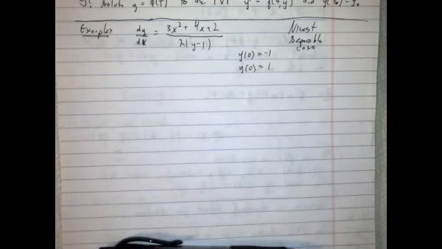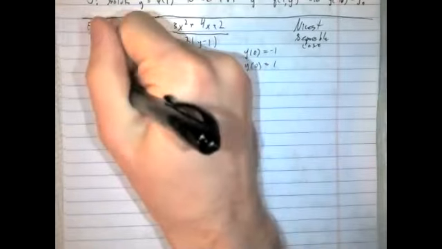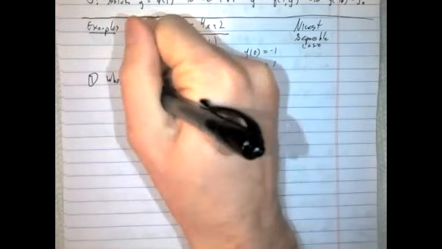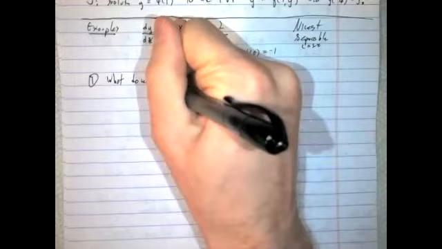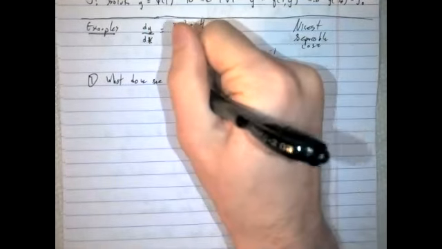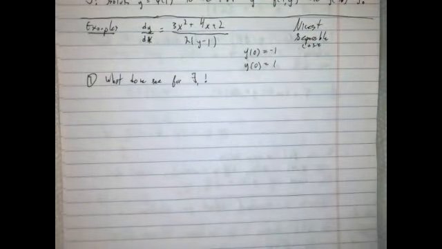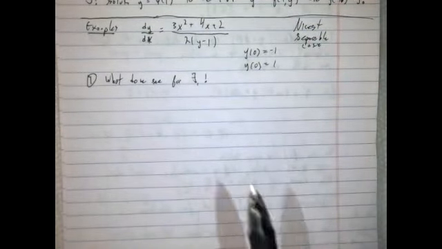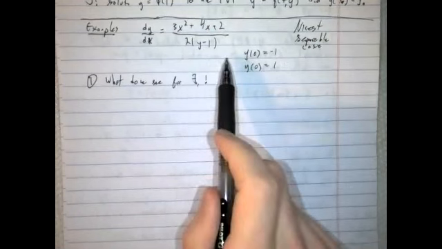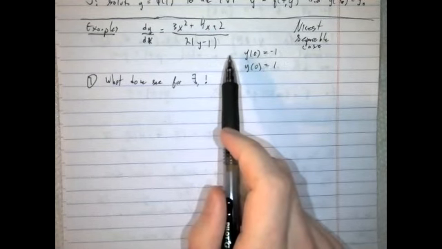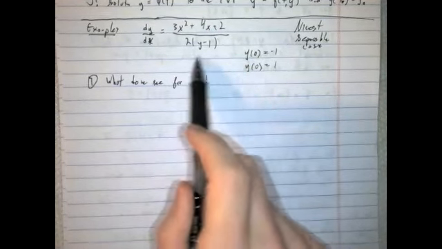Okay, so the first thing that we should look at is what do we know, or what do we see for existence and uniqueness? So if we're examining existence and uniqueness, we're looking at this function of x and y and asking, where is it continuous? So where is this function continuous?